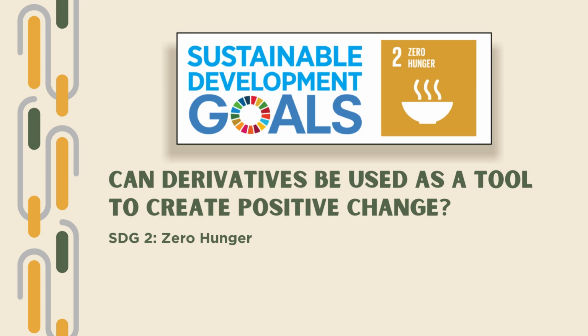At first, I thought derivatives were only complicated financial products used by big traders on Wall Street. But throughout this project, I discovered that derivatives can actually play a surprising role in fighting hunger and improving resilience in agriculture. Let me walk you through my journey.